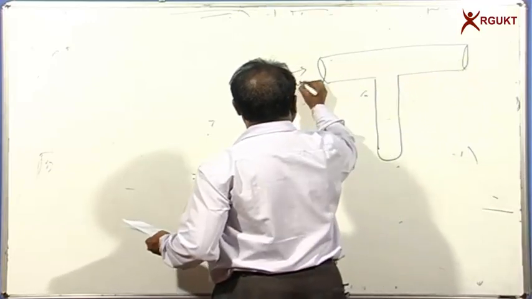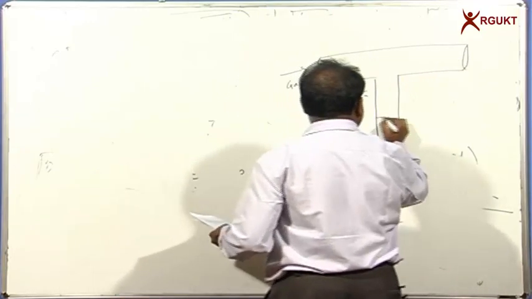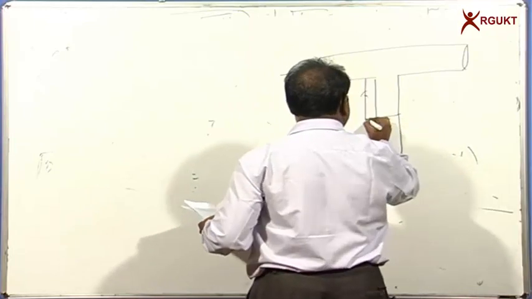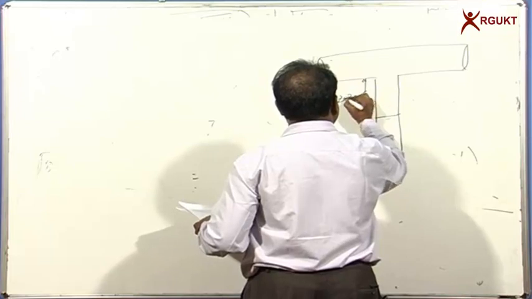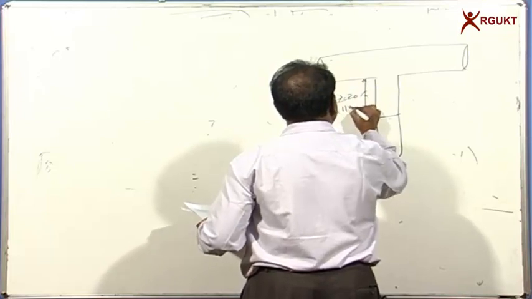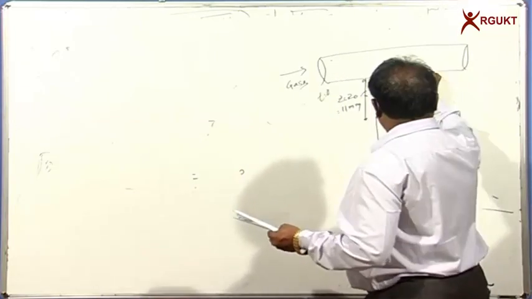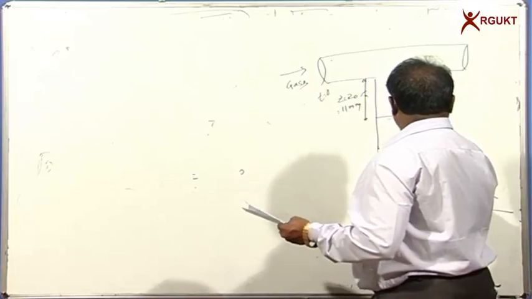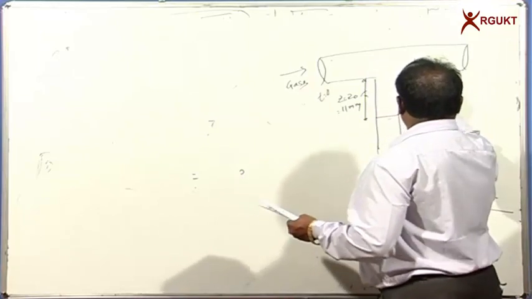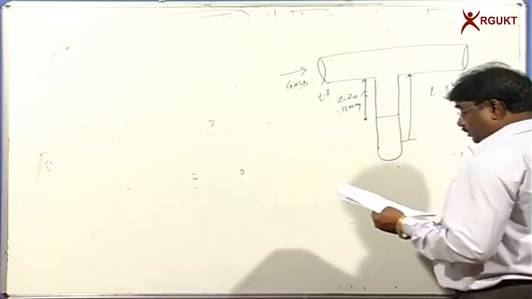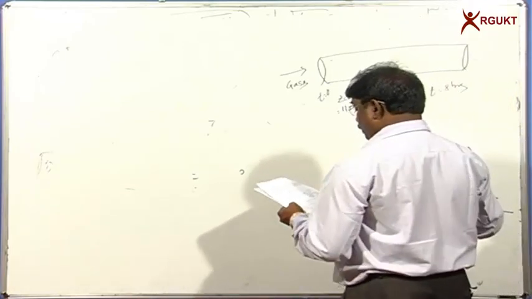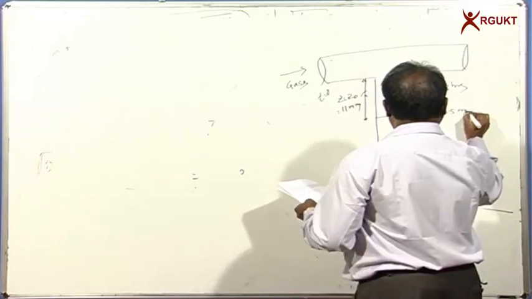Here the gas is flowing and here we have a liquid level; at time t equal to 0, Z is equal to Z naught, which is equal to 11 mm. When you stop the experiment, at t equal to 8 hours, the liquid level drops to 20.5 mm.